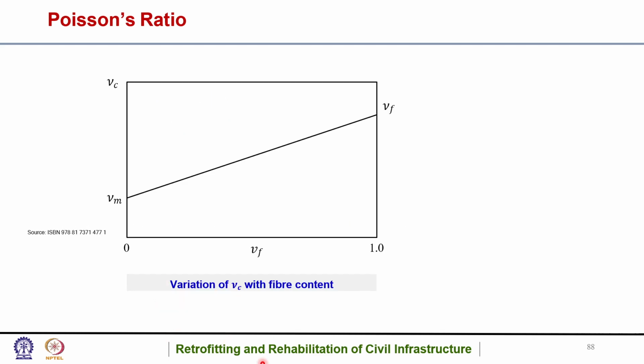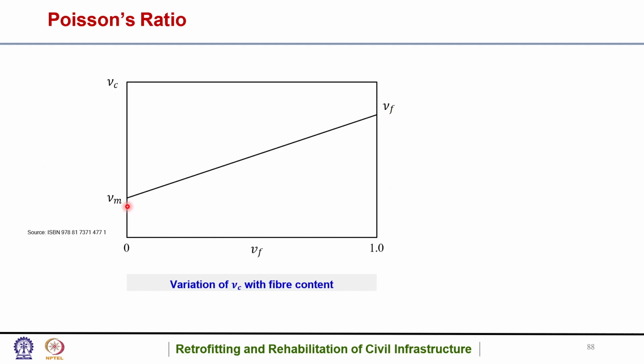So this is the variation of Poisson's ratio of the composite with the fiber content. As the fiber content increases, the Poisson's ratio of the composite also increases. And at a fiber volume fraction of 1, the composite has the same Poisson's ratio as the fiber, because everything is fiber.